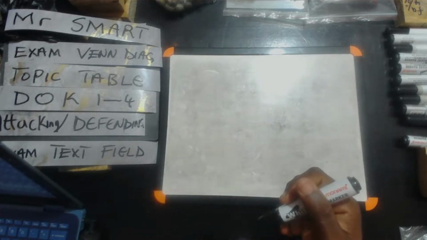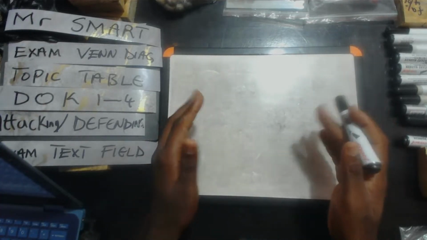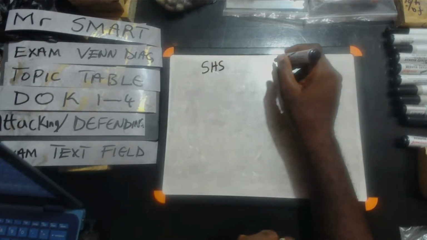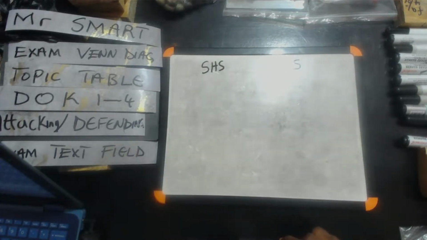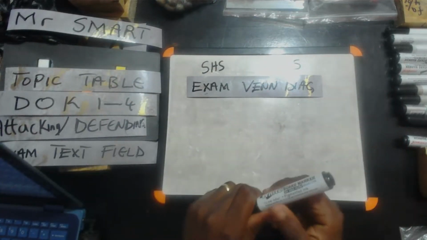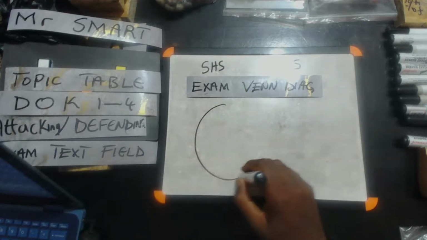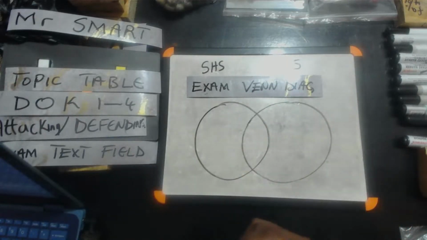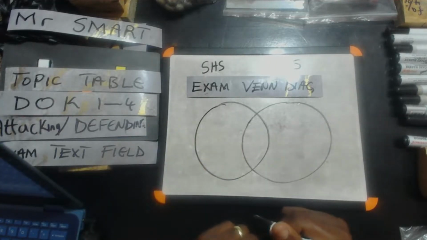So one thing we must recognize about examinations, I don't know whether you are in SHS or JHS, but one thing is very certain when it comes to examinations. Yes, the exam Venn diagram. The exam Venn diagram is a simple Venn diagram that puts every exam paper that you're going to write in one of three categories.